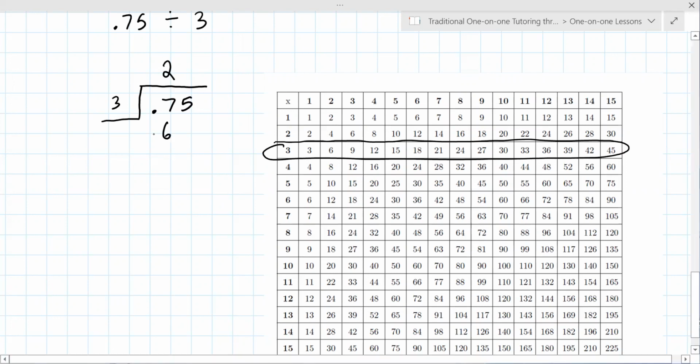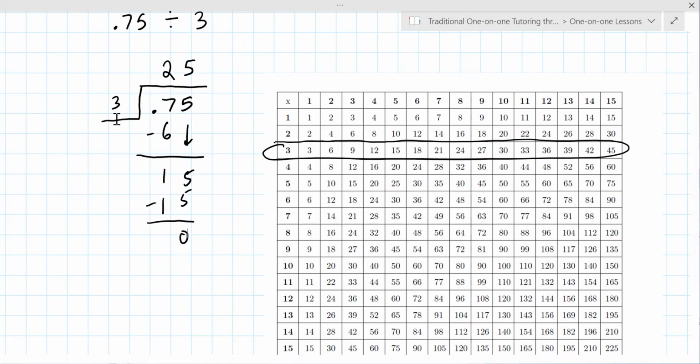You put that below the 7, and then you subtract. 1, and then you bring the 5 down. Then you ask yourself, how many times does 3 go into 15? 5 times. 5 times 3 is 15, and you should get a 0 down here.